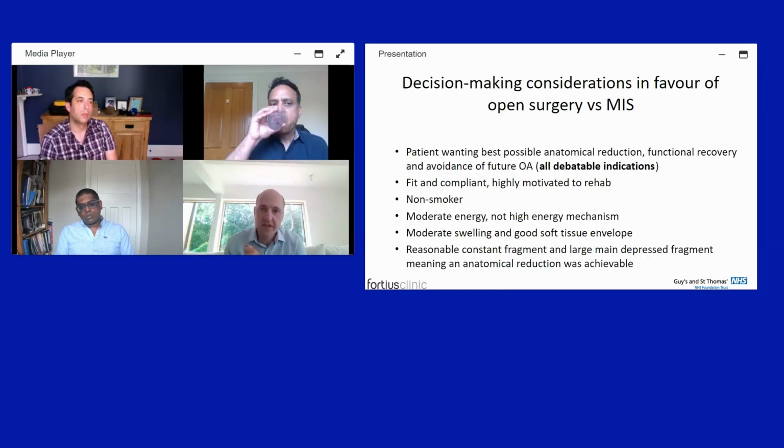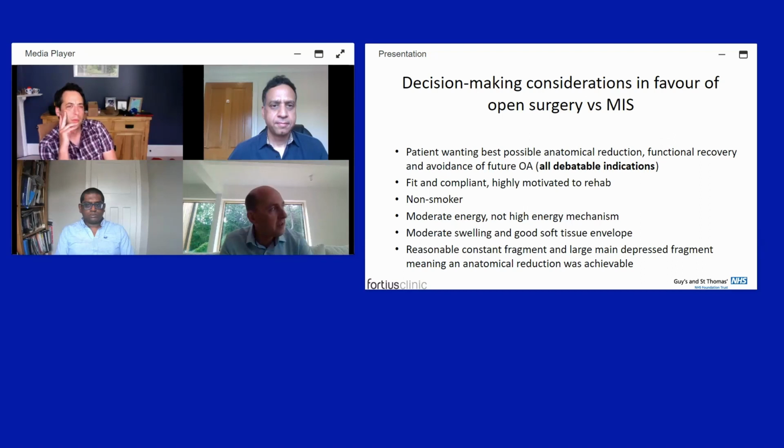And so I discussed the options with this gentleman, explained the options of open versus MIS, but these were the reasons that we elected to go for an open surgery. The patient himself was wanting the best possible anatomical reduction. He was really keen to try and get back to sports.